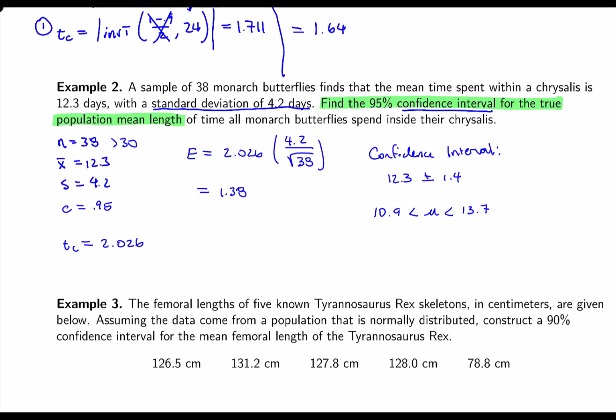It's the actual value of the standard deviation for your entire population, whatever it is. The sample standard deviation is just an estimate of that, and so it's not necessarily as accurate. So because of that, our confidence interval needs to be a little bit wider.